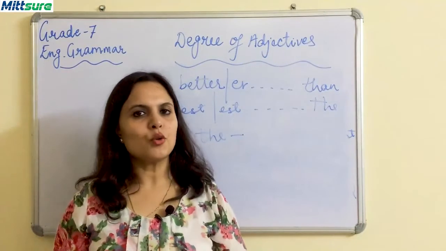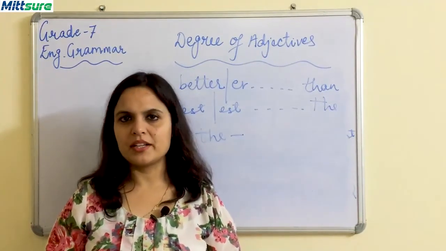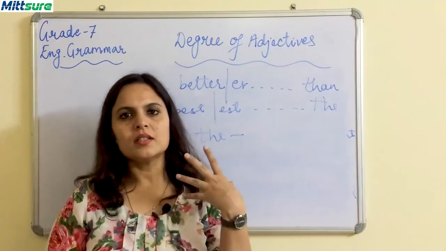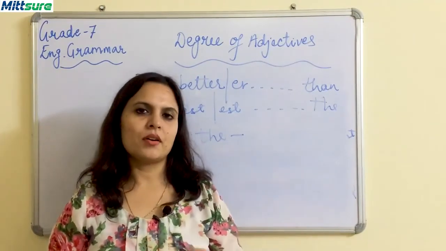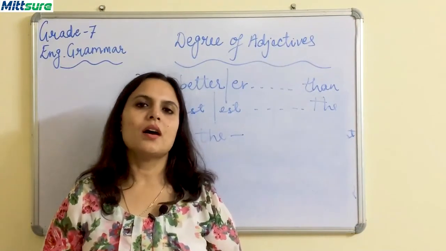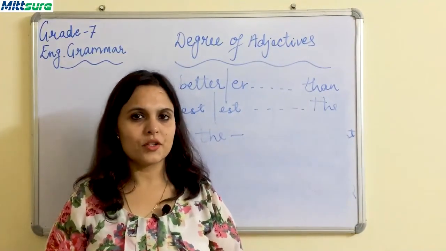When it is more than two people, we use the superlative degree to make that particular thing, person, or object stand alone as the best. Right? I hope you really learned well during this session.